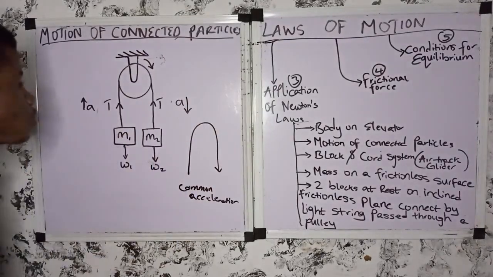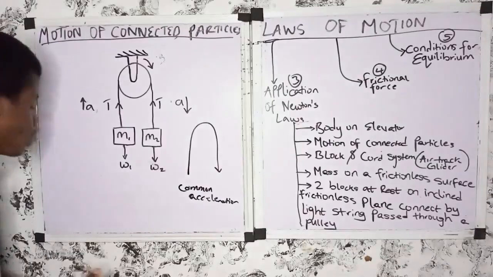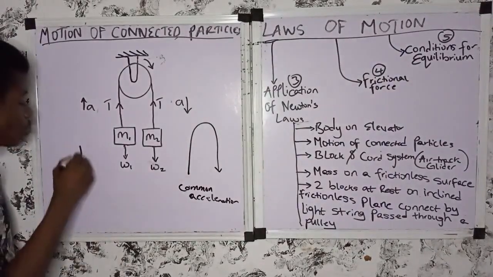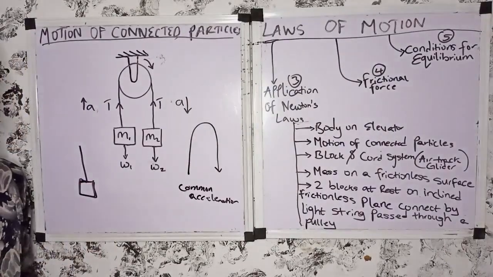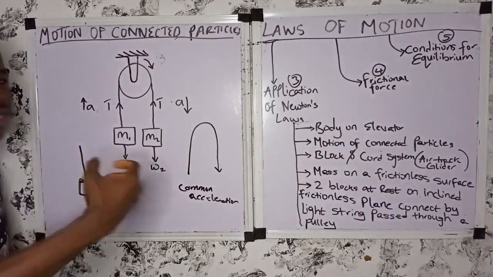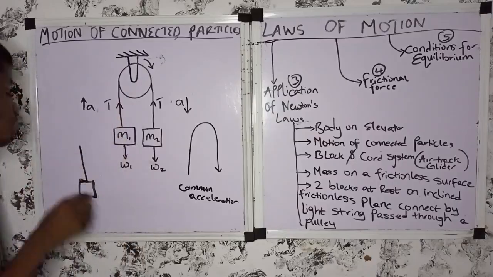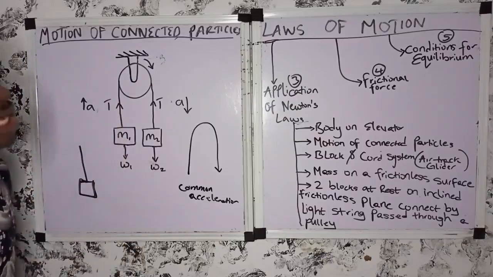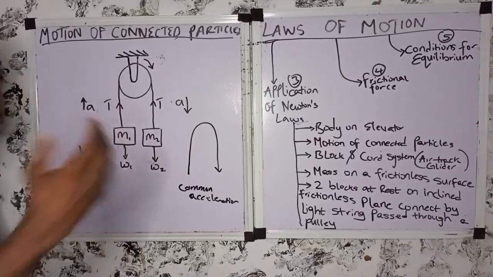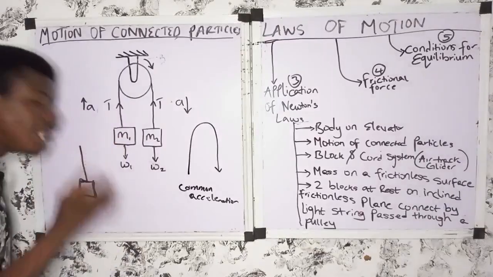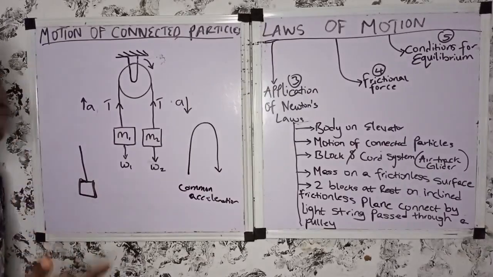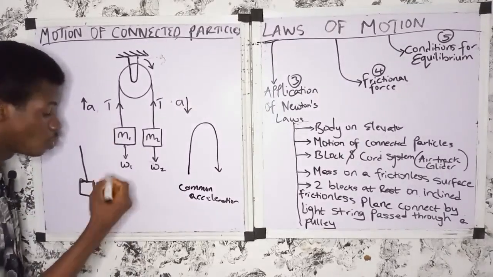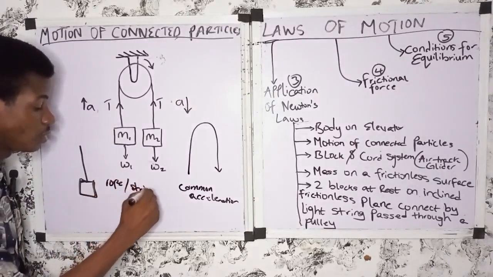Before I continue, what is tension? Tension is the force that acts on a rope or a string, whenever a mass is attached to a string, anything that relates to a rope. And tension is always an upward force.